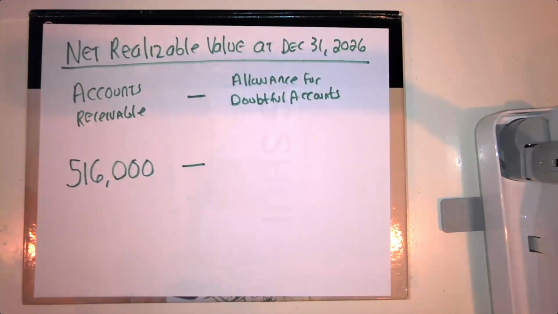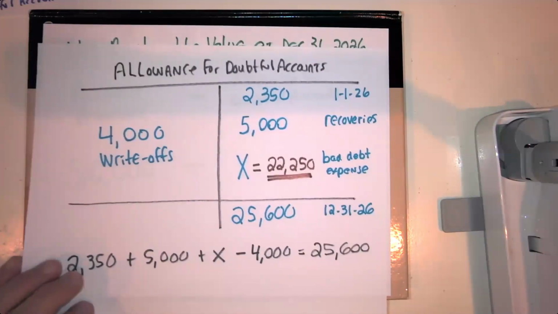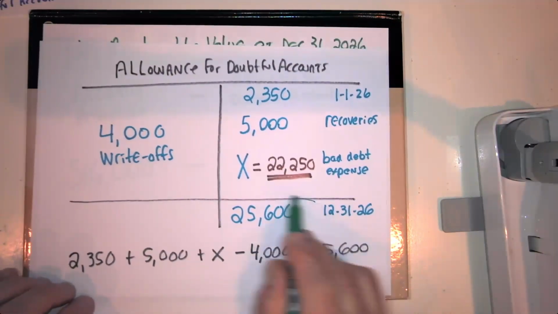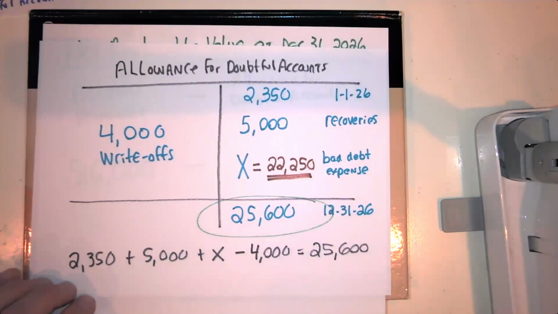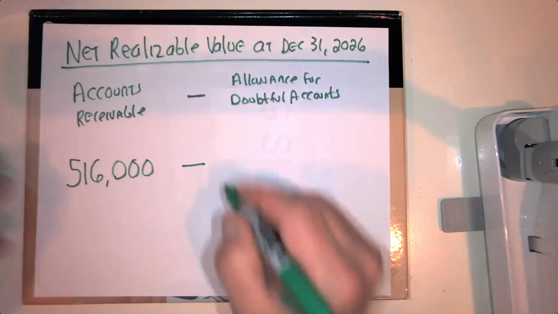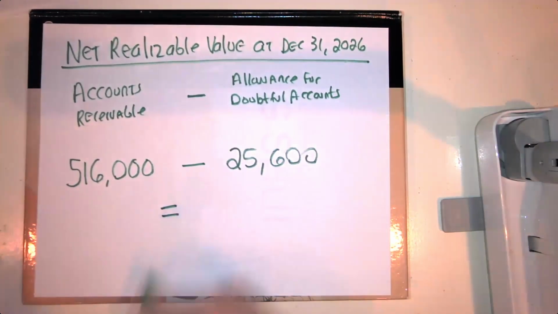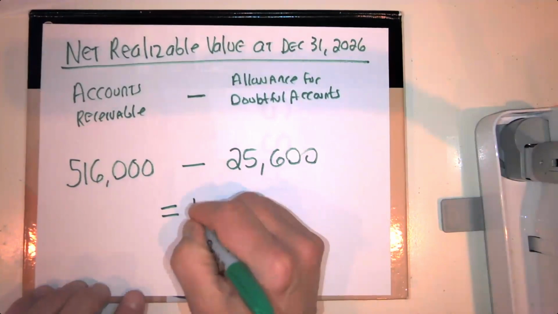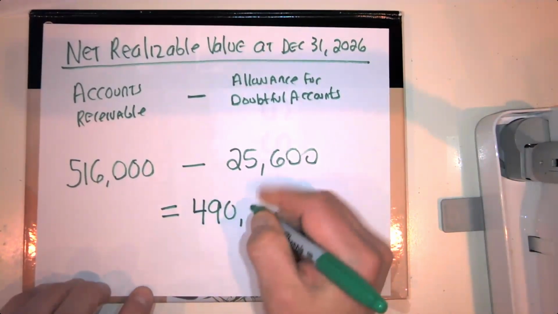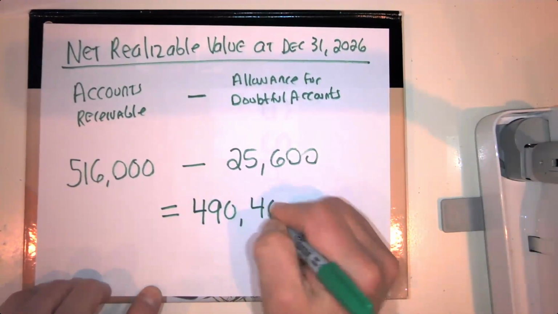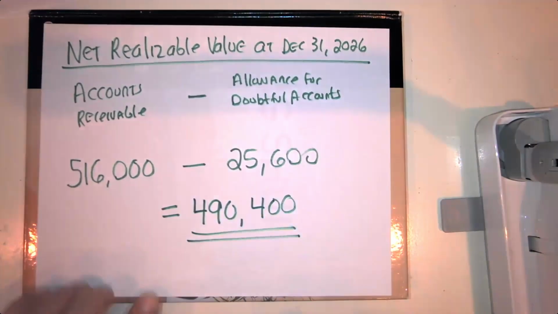Using the aging method, we had figured out that the balance in the allowance for doubtful accounts at December 31 was 25,600, which gives us a net realizable value here of 490,400.